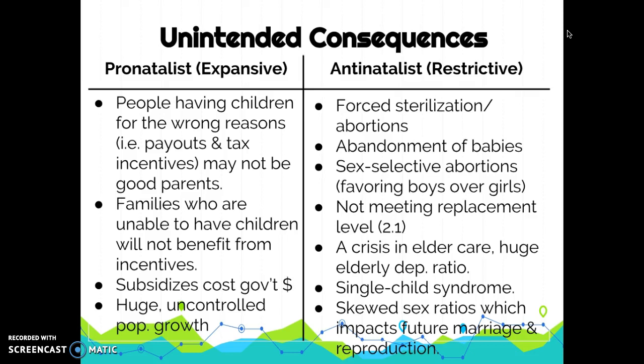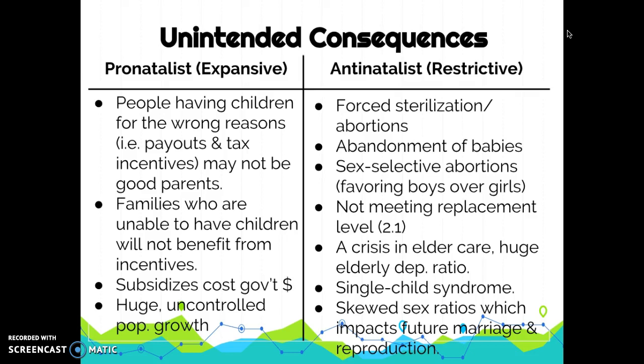In some countries that have had antinatalist population policies, we see people abandoning their babies, which I'll talk to you a little bit more about in class. And we also see sex-selective abortions, meaning that when women and men go to the ultrasound to see if they're having a boy or a girl, if they find out they're having a girl, oftentimes they will have an abortion.